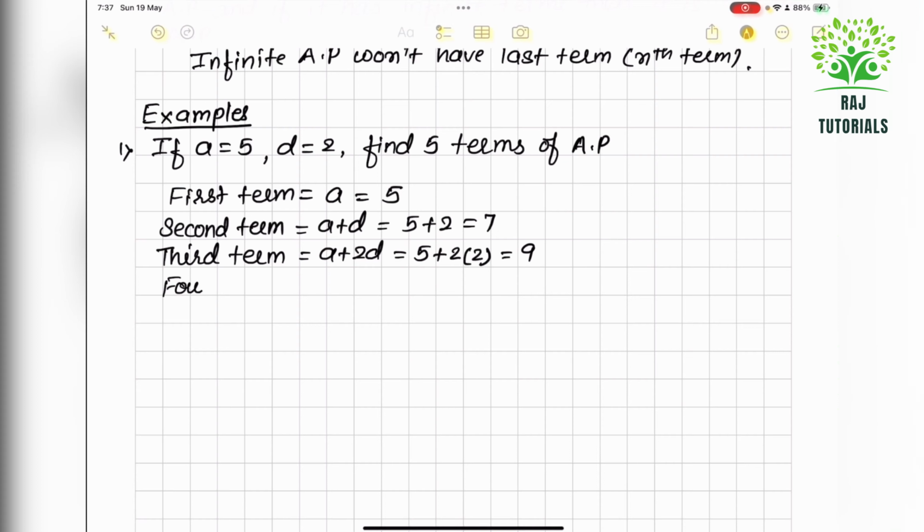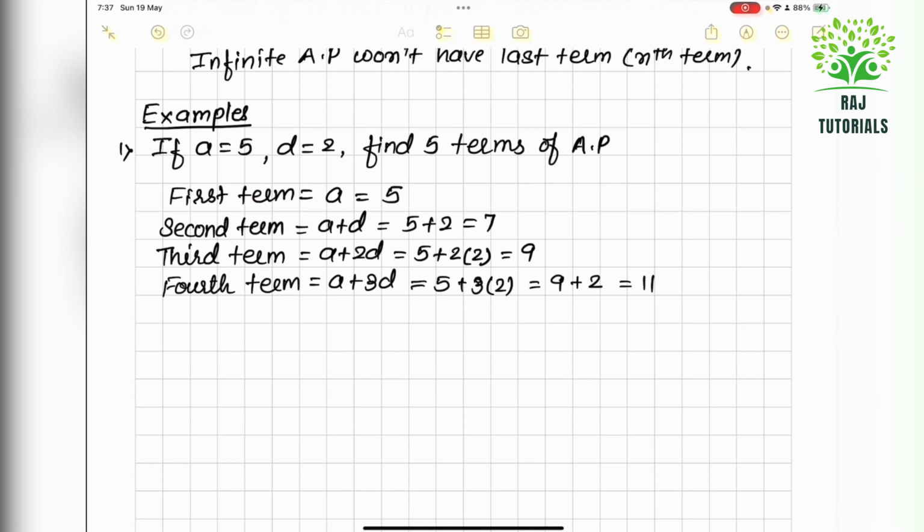Now fourth term will be A plus 3D. See, either I can write it like this, 5 plus 3 into 2, or I can even do like this, 9 plus 2. Both will be same. It will be 11. See, 3 2s are 6, 6 plus 5, 11, and 9 plus 2, it will be 11.